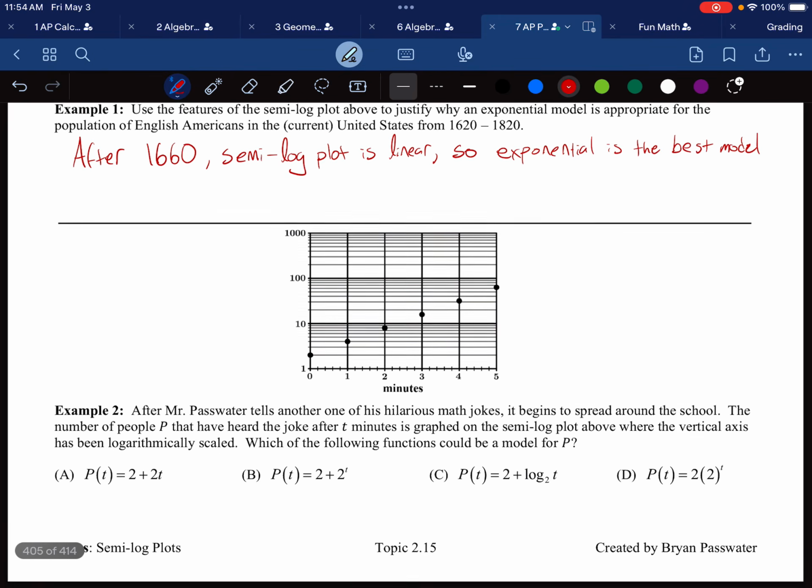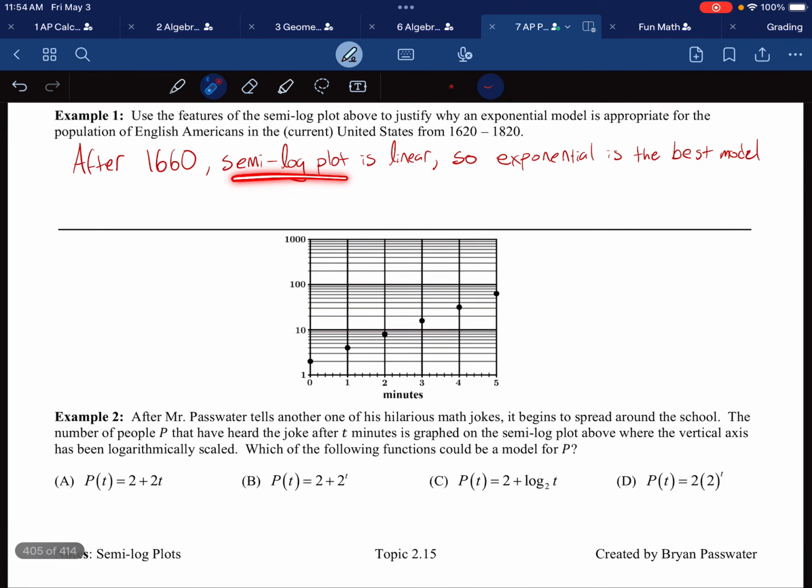That's all you have to say. It looks like a line on a semi-log plot, therefore it's exponential. That's as much as you have to say.